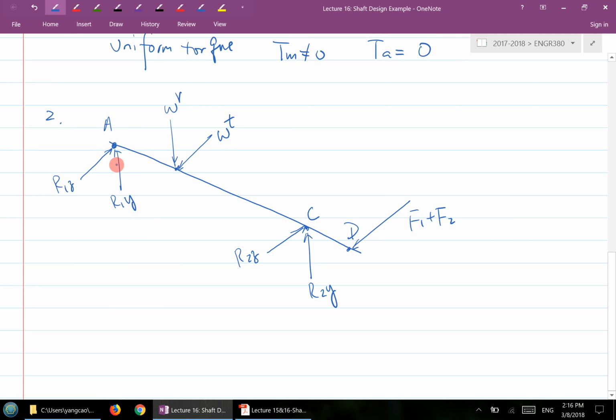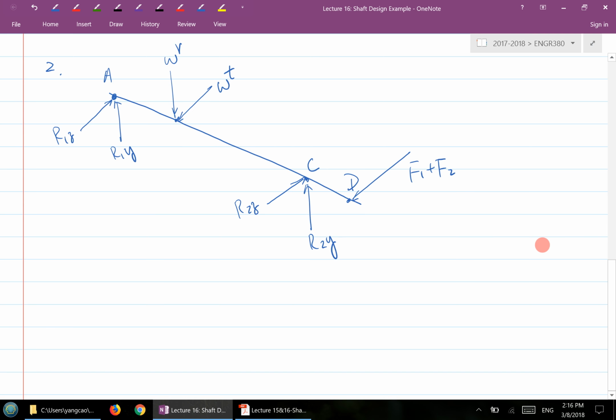So when you do the shaft design, you have to do something like this to find out the loading conditions, right? Now what we can do is try to figure out what each of these are.